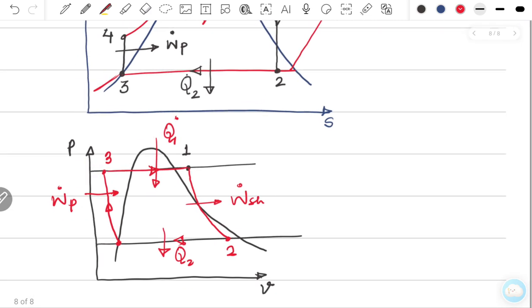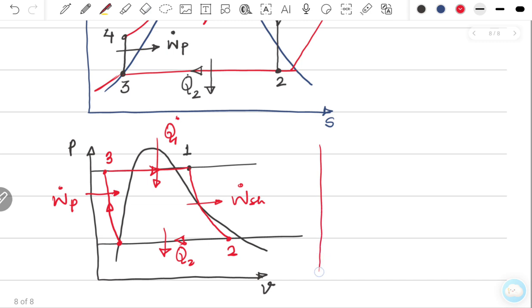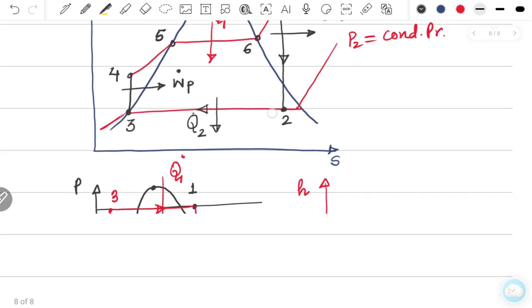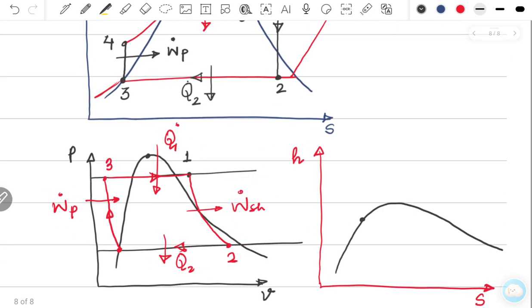The same thing you can also do in an HS diagram as well, the enthalpy entropy diagram, which is also called the Mollier diagram. The Mollier diagram is like this. The critical point is at the top, and in the TS diagram also it is at the top. So now two constant pressure lines.